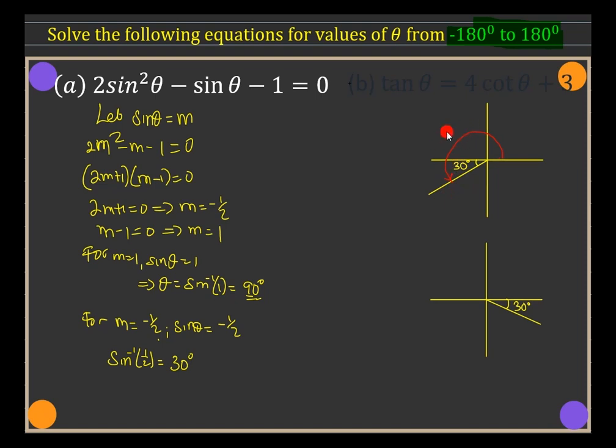This angle is 210 degrees, and that angle 210 does not lie within the given range. So we shall not use that, but we are going to measure that angle from this direction, and that angle is 150. But remember, angles in this direction are positive, while angles in this direction are negative.